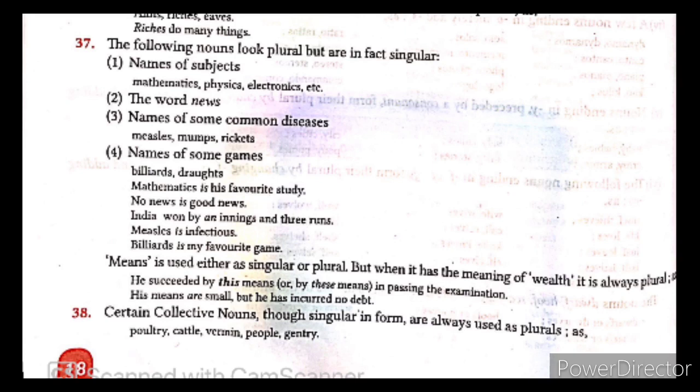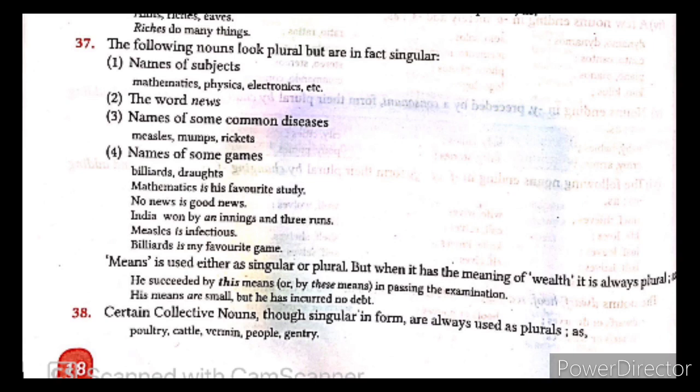Now, the following nouns look plural but are in fact singular. There are certain nouns which sound plural or look like plural but are in fact singular nouns. For example, names of subjects. We say physics, mathematics, electronics. These look like more than one, but it is a singular subject.